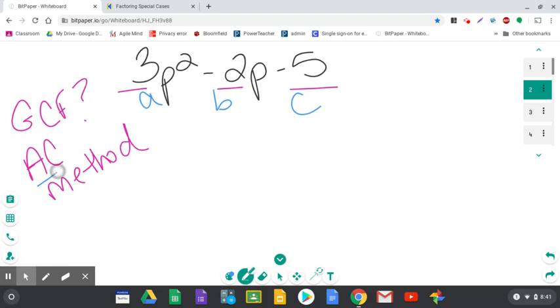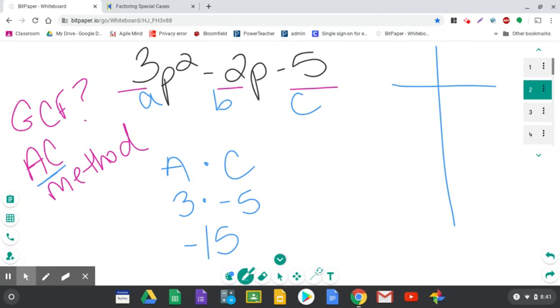So it's called the AC method because you want to multiply A times C. So I'm going to multiply 3 times negative 5 to get negative 15. So our job now is to find something that multiplies to negative 15 but adds still to this middle term, which is a negative 2.